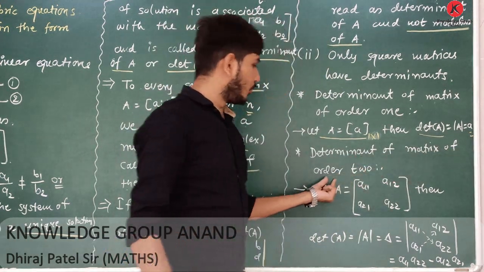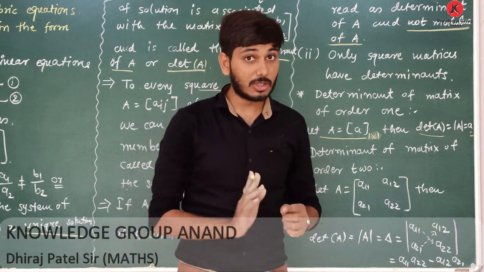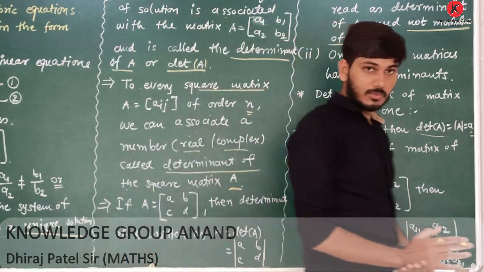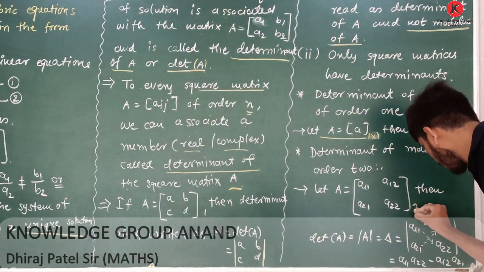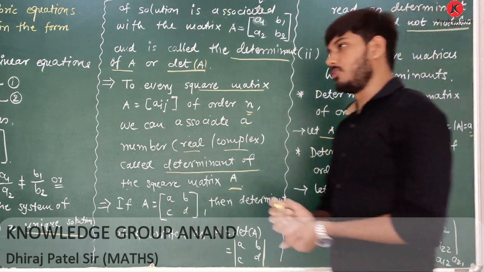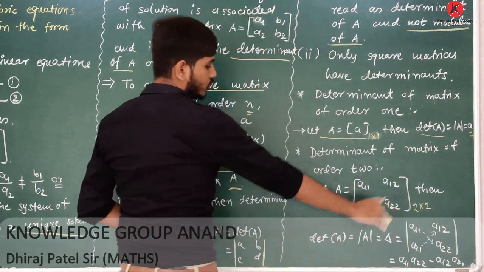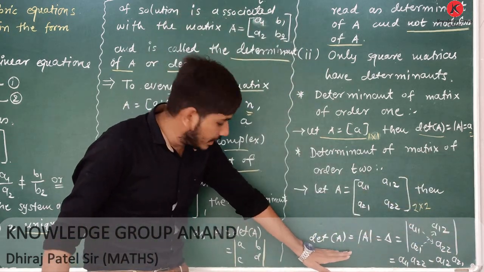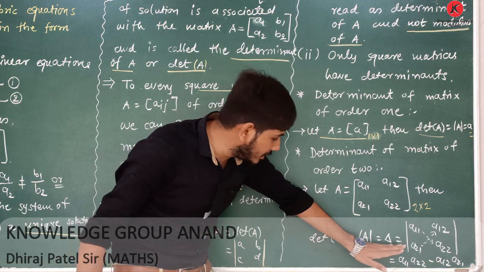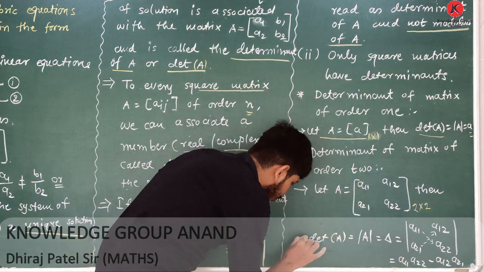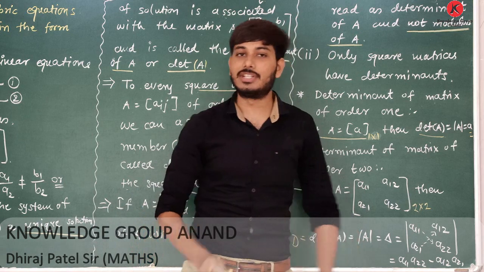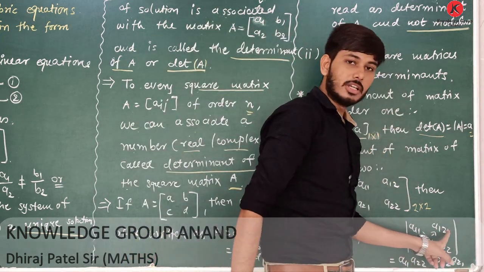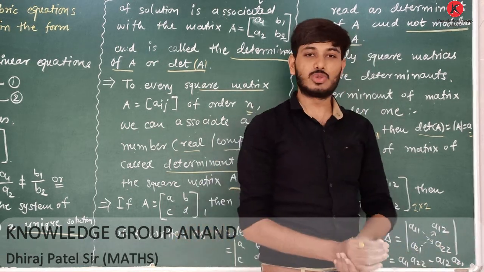Now, determinant of a matrix of order 2. Now we are studying the determinant of a matrix of order 2. Suppose the matrix A has 4 elements, a 2 by 2 matrix a11, a12, a21 and a22. Then the determinant of A is equal to delta, or we can also say capital D, equals |a11 a12; a21 a22|.